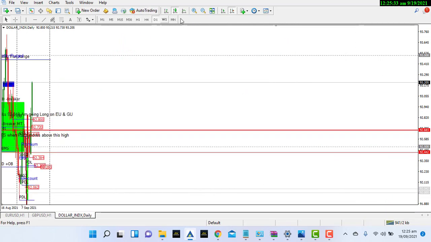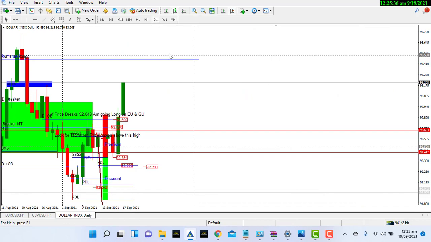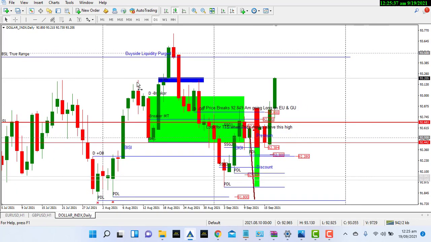Okay, so before this previous trading week, I was expecting some bearishness on the dollar index, but we were kept in some kind of a trading range, and then on the Thursday and Friday we had that price movement up.